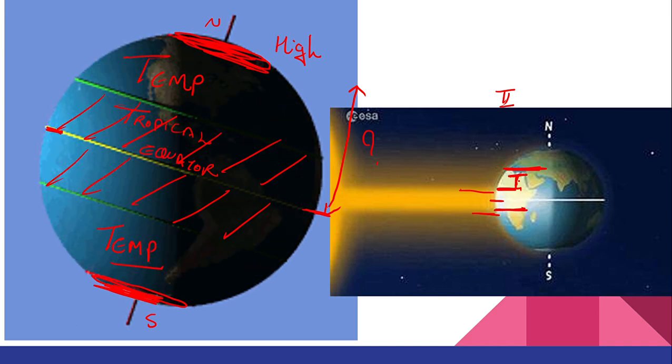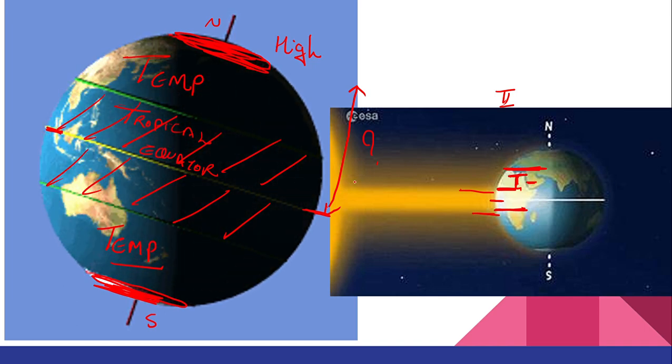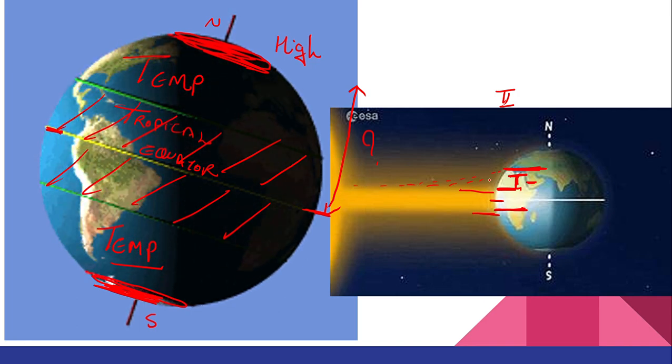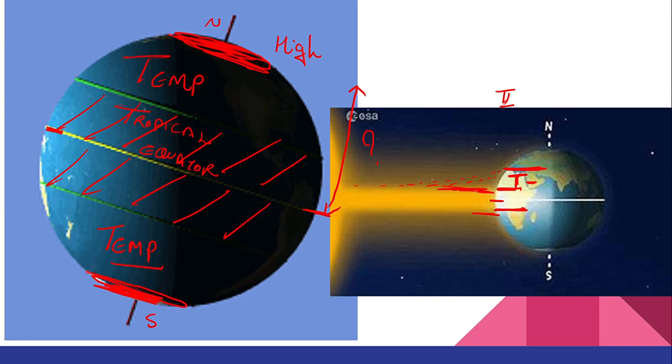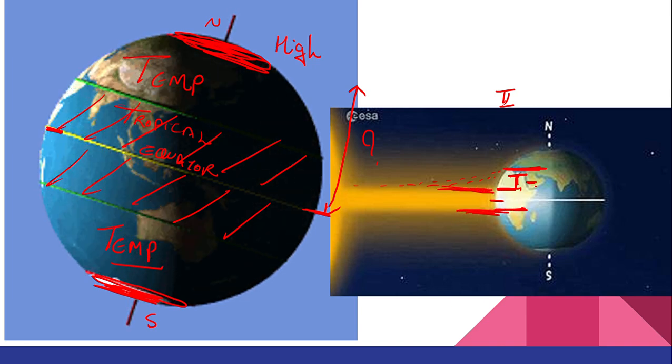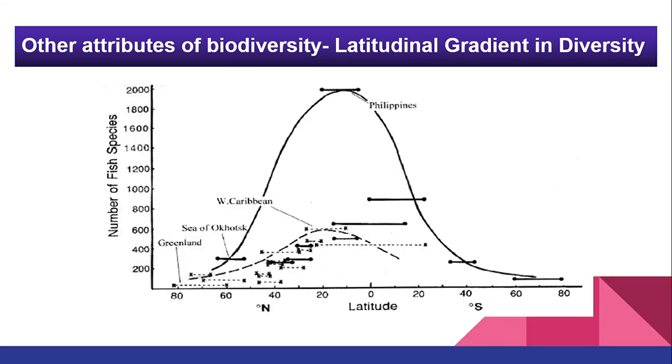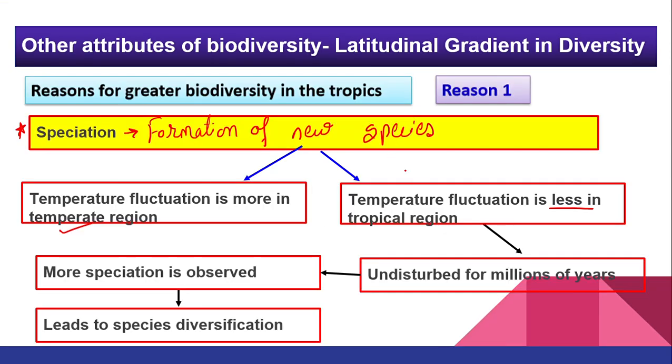In the temperate region, temperature fluctuation is more because you can see sun rays are not falling properly over there, but they are coming properly towards the tropical region. Due to this proper fall of sun rays, what will happen? Temperature fluctuation will be less in the tropical region. Since it is less in the tropical region, the area remains undisturbed for millions of years.